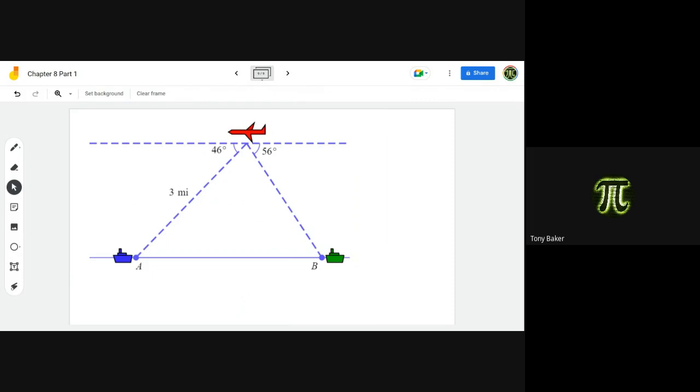How far are the boats apart? So we know something else. No, you're going to have to do some math. We're obviously using the law of sines, because I haven't talked about anything else yet.